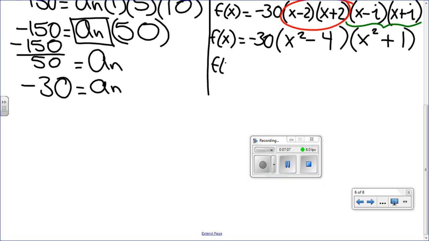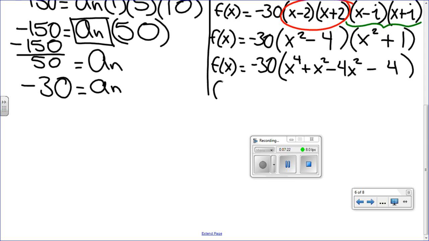And that will give me x to the 4th power plus x squared minus 4x squared minus 4. From there, I still have to go ahead and distribute the negative 30 to every term inside.